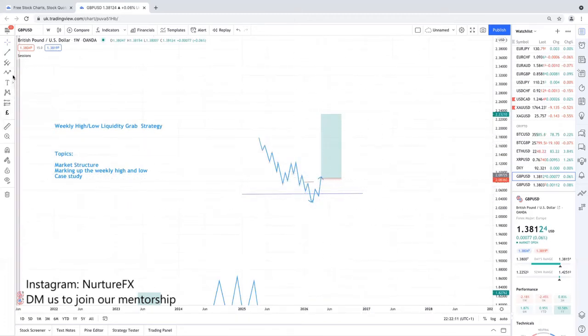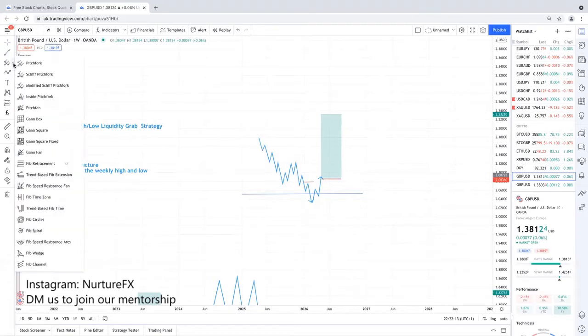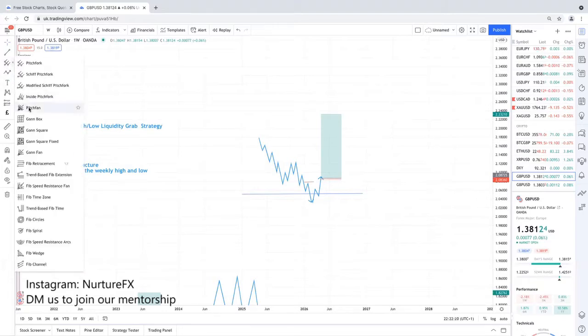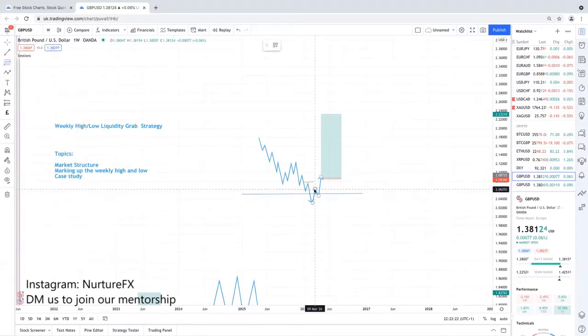Where we enter, and I go into more detail on this in the mentorship, is here. This little candle here. Remember each segment here is a candle in our diagram, okay? We're looking to enter on a retracement back to this candle.